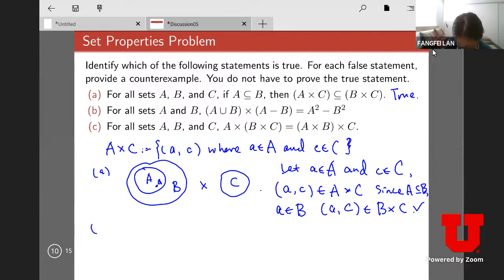Okay, so what about B? For all sets A and B, (A union B) cross (A minus B) is equal to A squared minus B squared. What do we think?